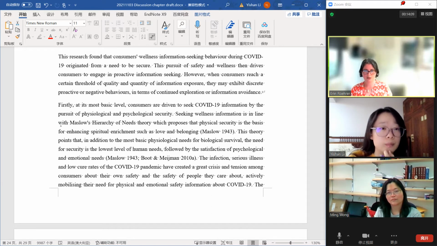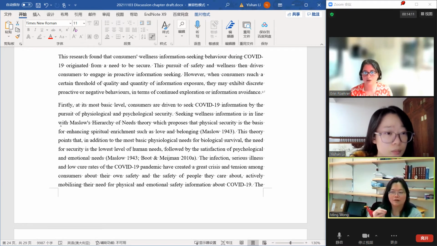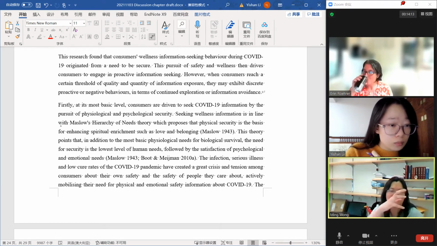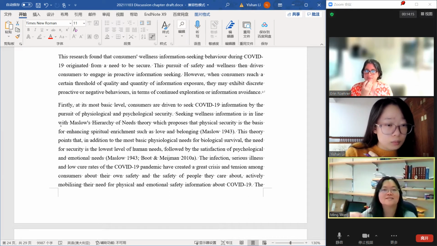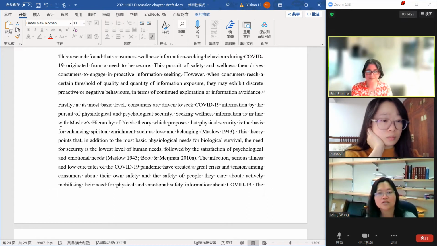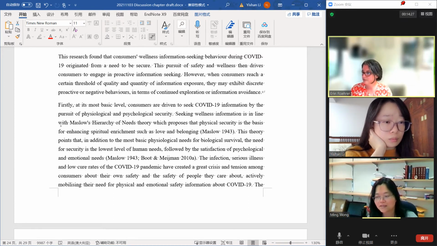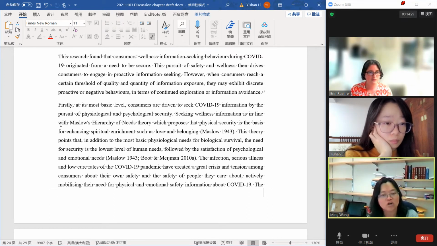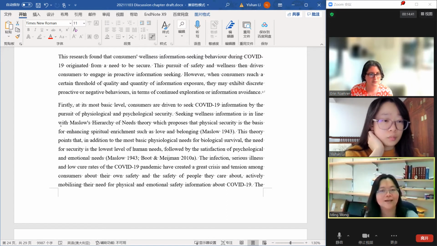You can even start the paragraph with, whilst this and this are consistent with it, it is interesting to note that this is, and then you catch their attention and then you talk more about it. You need to find ways, because this is going to be a huge document, in which if someone were to scan through your document, there are little things that will catch their eye and make them want to read a little bit more.